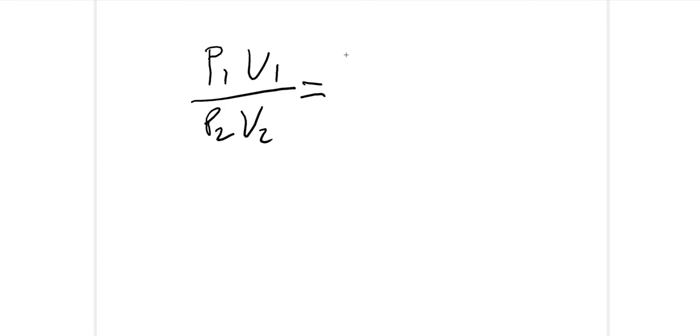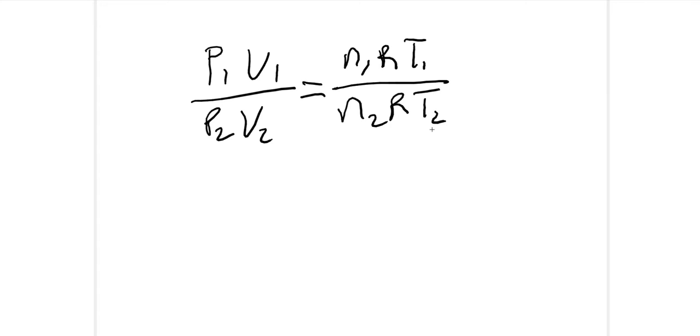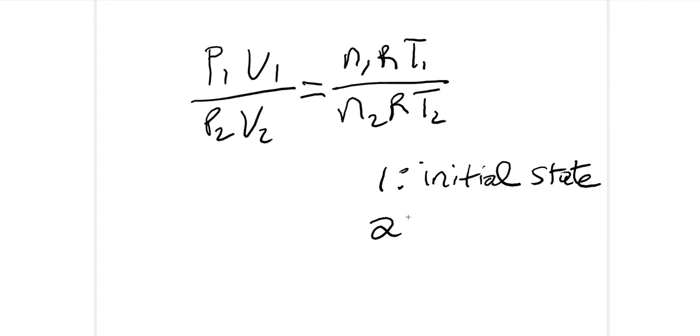One technique you will find very useful when solving mass balance problems for different processes is the ratio of the ideal gas law, which is P1 V1 over P2 V2 equals n1 R T1 over n2 R T2, where the subscript 1 represents the initial state and the subscript 2 represents the final state.